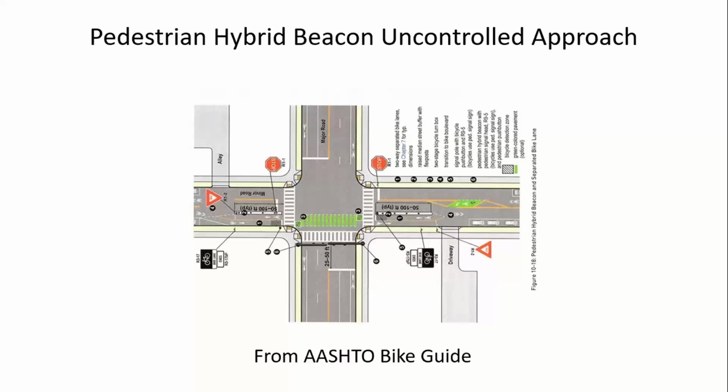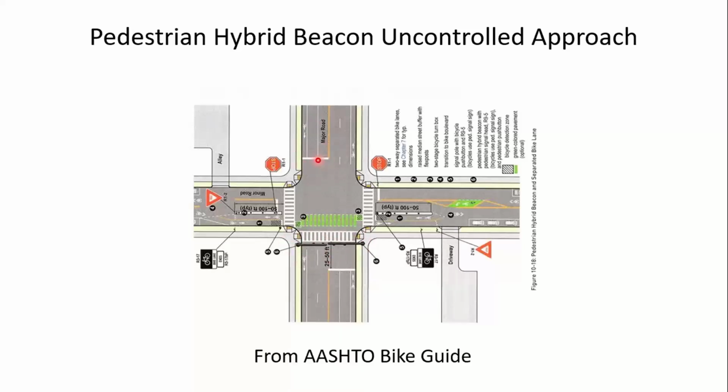This is from the AASHTO Bike Guide, the new AASHTO Bicycle Guide from late 2024. I apologize, I turned the figure over. This is the uncontrolled approach, and notice the pedestrian hybrid beacon is located here where my cursor is.